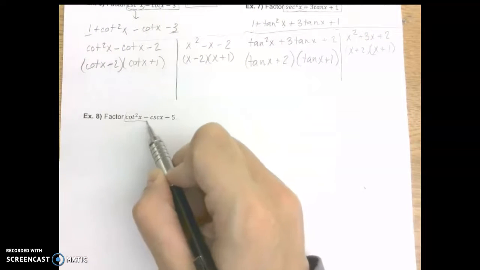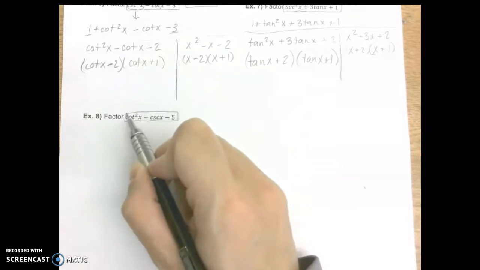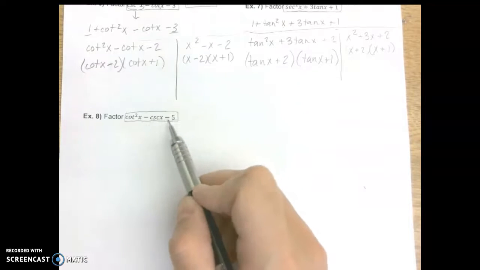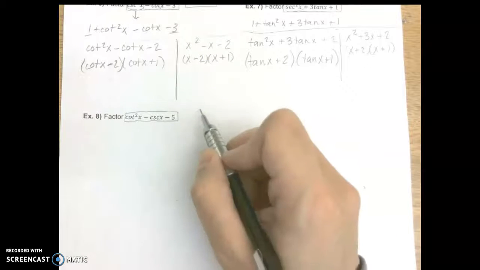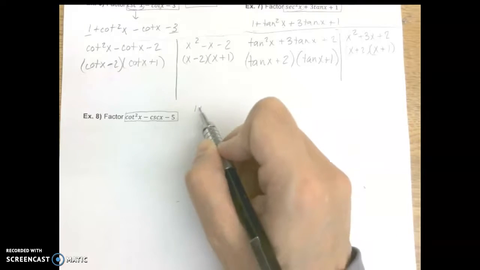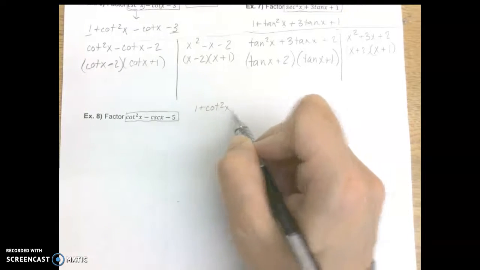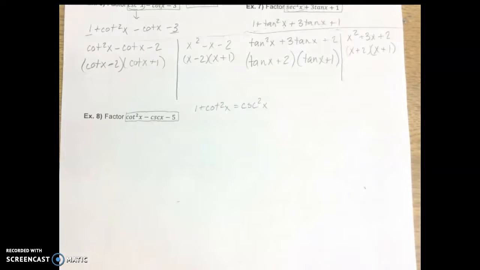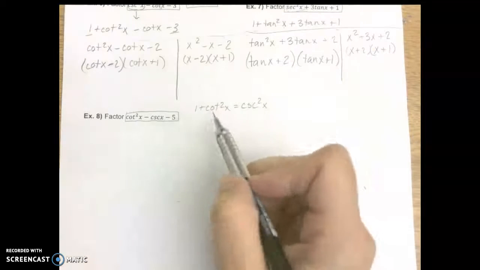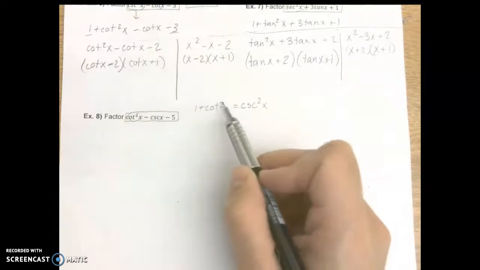We've got cotangent squared x minus cosecant x minus 5. So I do know that cotangent and cosecant exist in a Pythagorean identity. 1 plus cotangent squared x is equal to cosecant squared x. But I've got to replace the cotangent here.